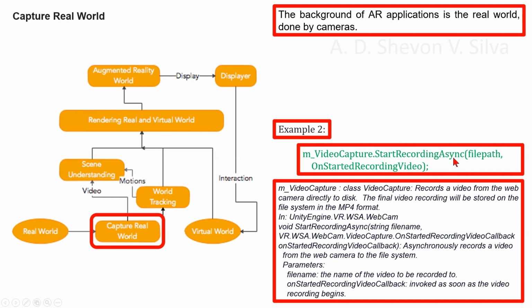This method asynchronously records a video from the web camera to the file system. Parameters: filename, the name of the video to be recorded to, and onStartedRecordingVideoCallback, invoked as soon as the video recording begins.